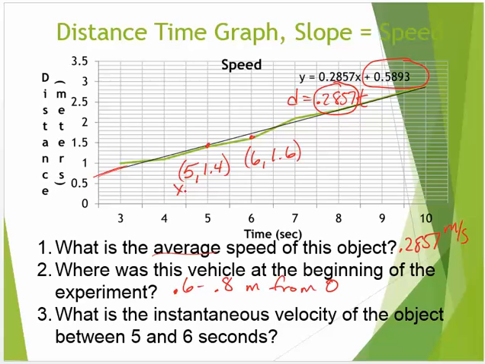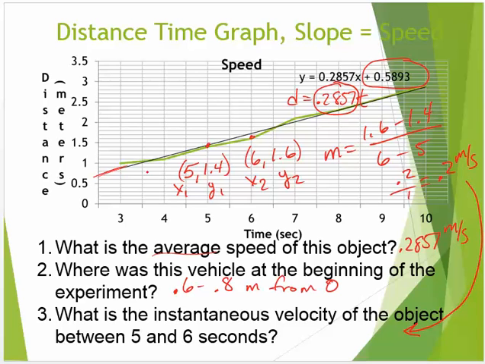I'm going to go x1, y1, x2, y2. To find the slope, I'm going to subtract them. 1.6 minus 1.4 over 6 minus 5. And that gives me 0.2 over 1. Well, anything divided by 1 is itself, so that equals 0.2 meters per second.